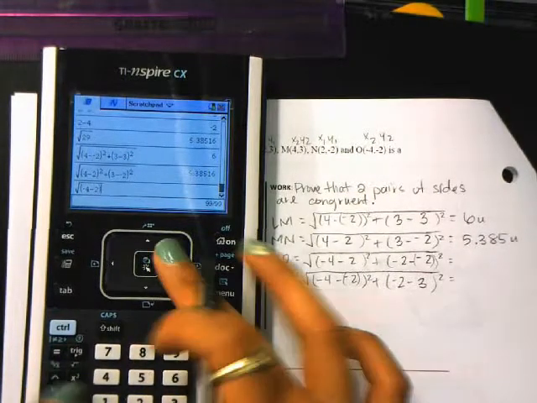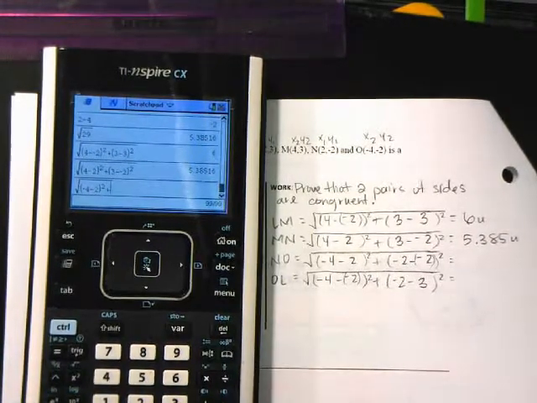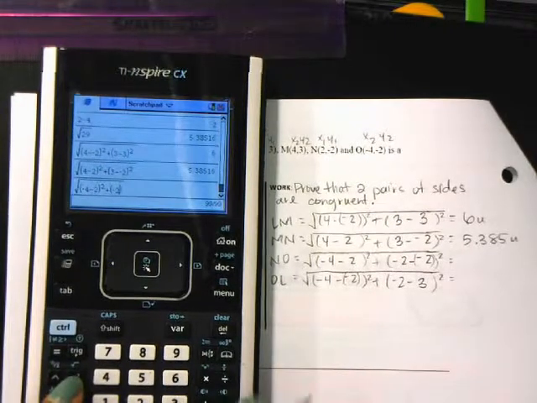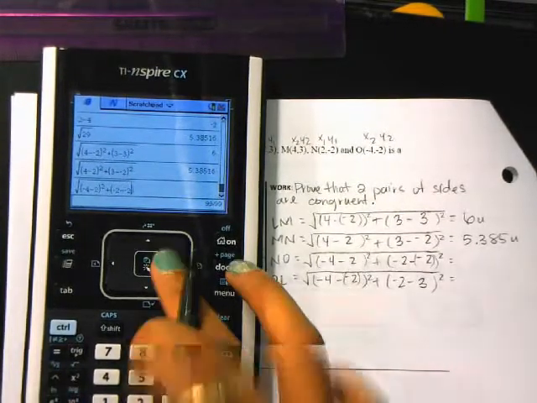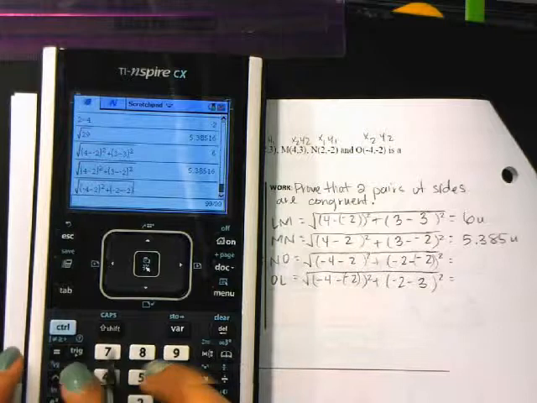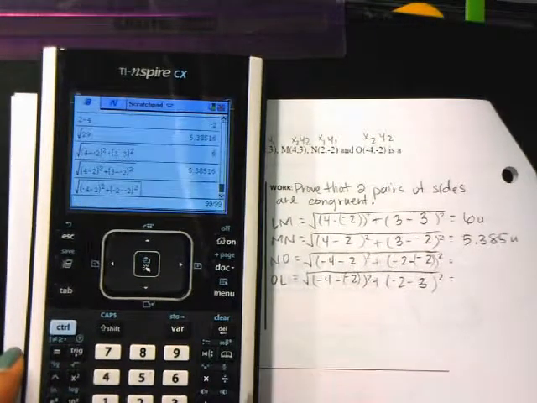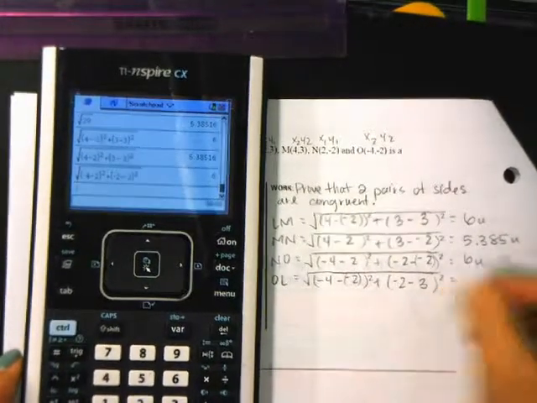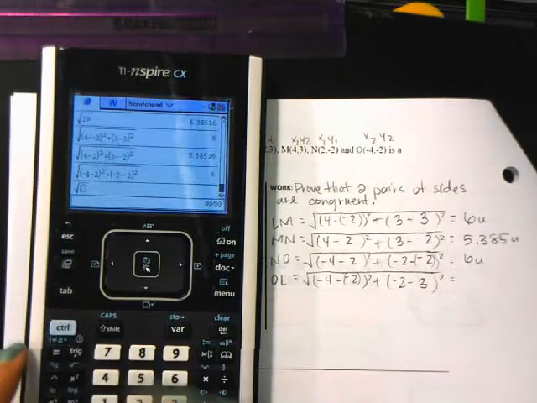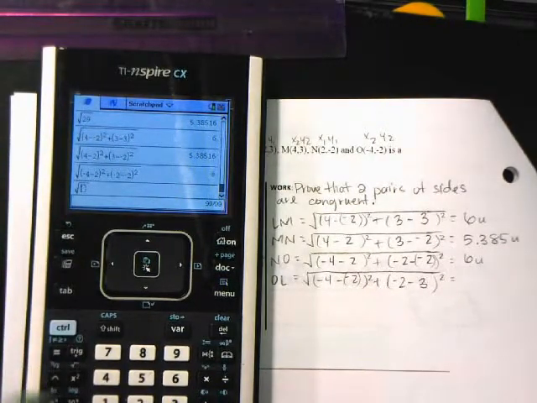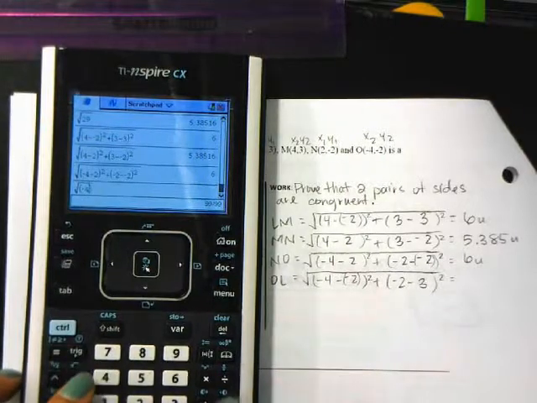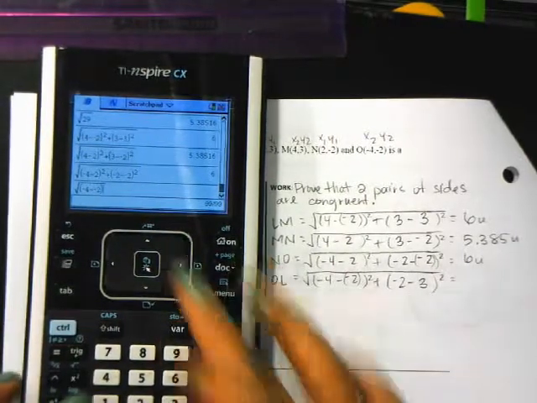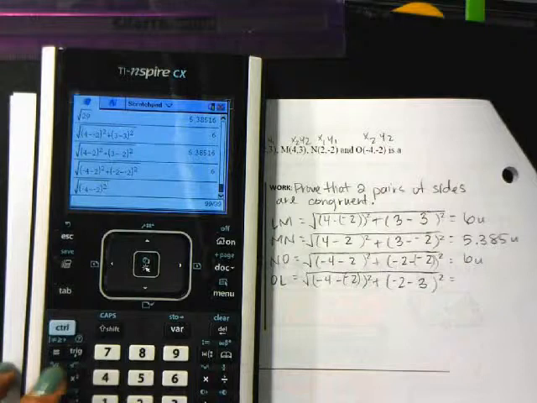Okay, and last but not least, square root symbol, parentheses, negative 4 take away negative 2 squared plus parentheses, negative 2 take away 3 squared, and I got 5.385.